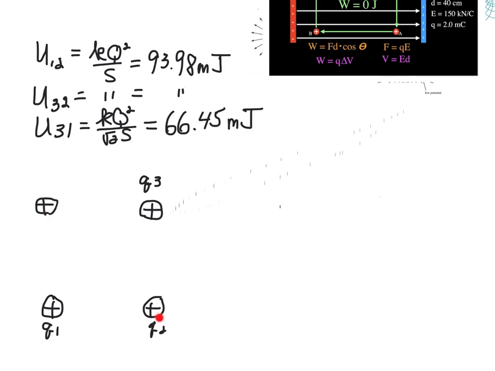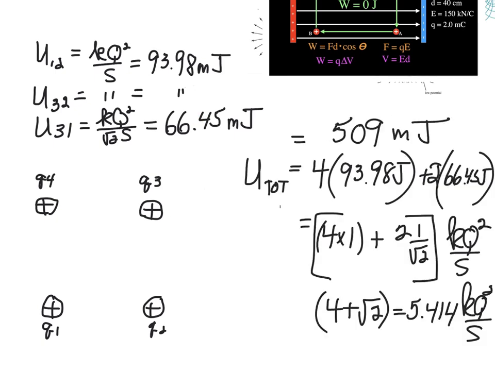But its energy relative to Q2 is going to be that. So the energy by bringing this one in is actually the sum of all these energies. So the 6 terms are 4 of these and 2 of these. I hope you can follow that.